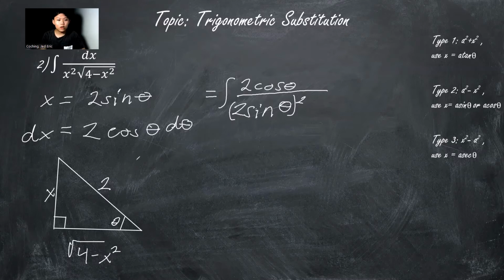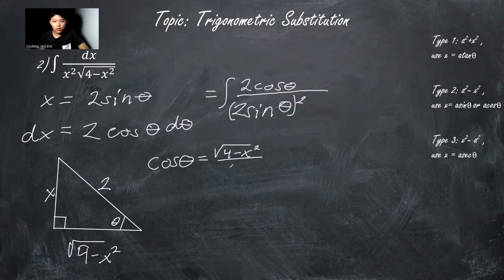Now, cos theta is equal to the square root of 4 minus x squared divided by 2.